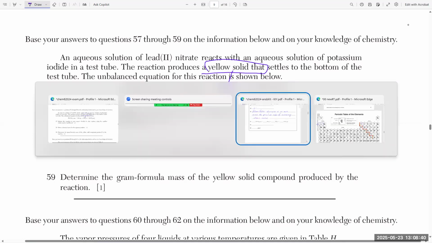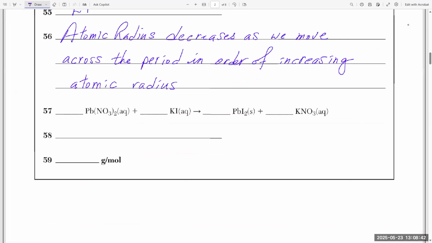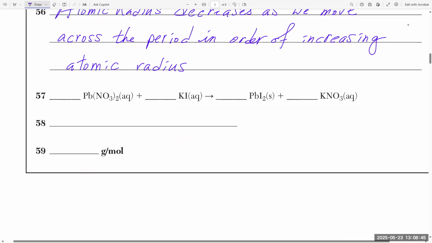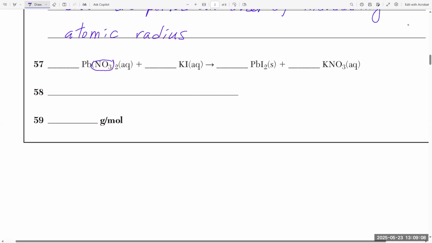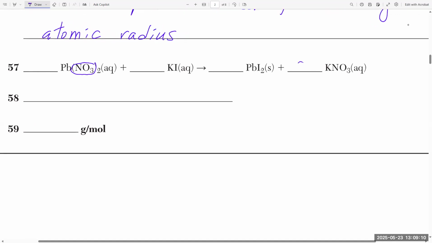All right, so let's go. Remember, I told you in class that I think you should try to graduate away from using the charts. I mean, you can, but let's take a look at this one. We've got one lead on the left side and one lead on the right side, so we're okay for lead for now. Let's look at nitrate. Instead of breaking this down into nitrogen and oxygens, how many nitrates do you have? You've got two of them here, so I need two of these right here.